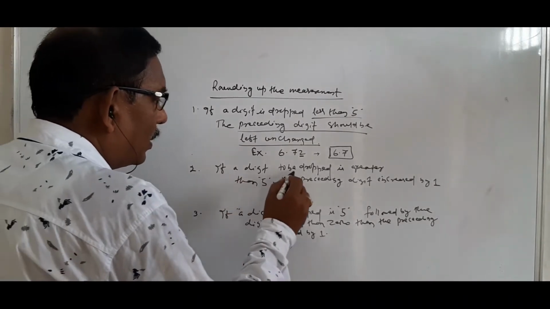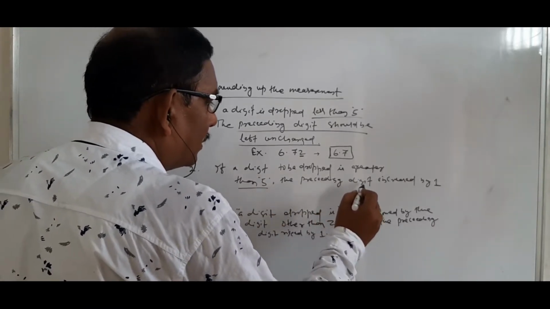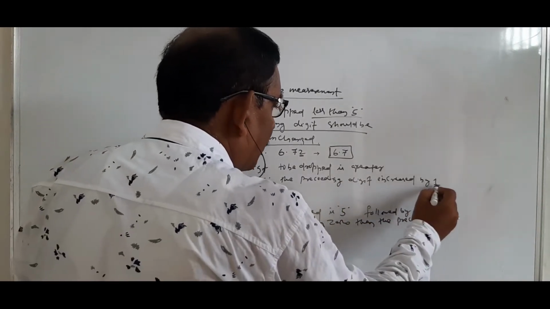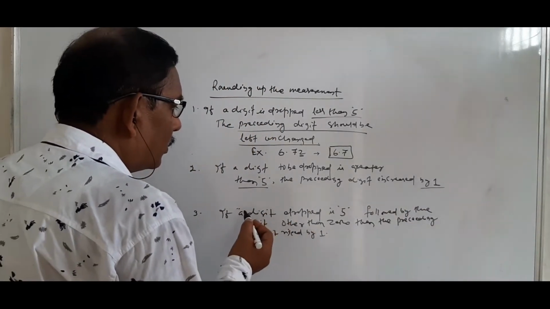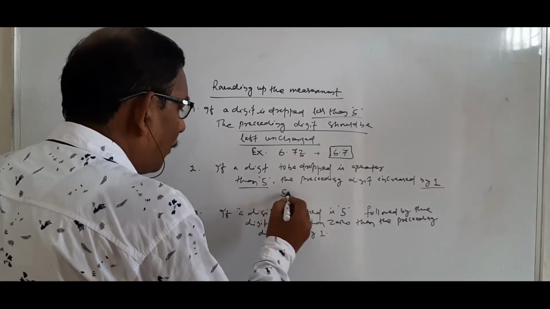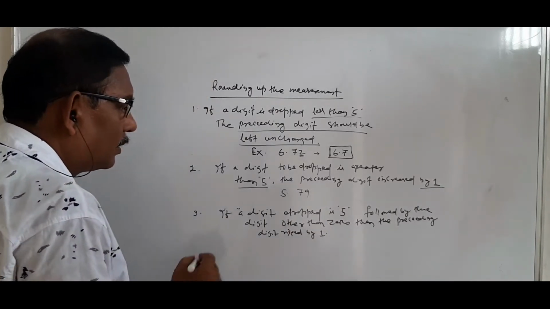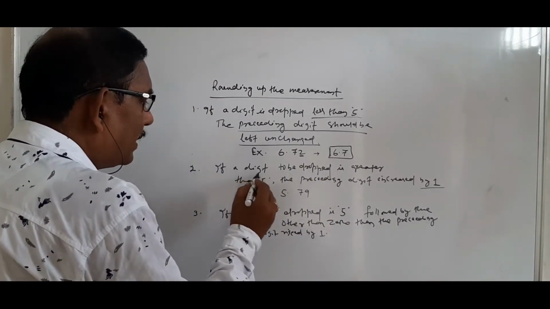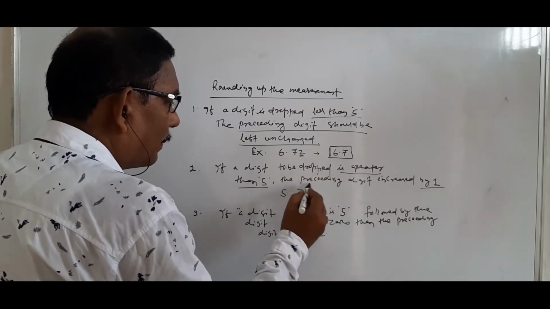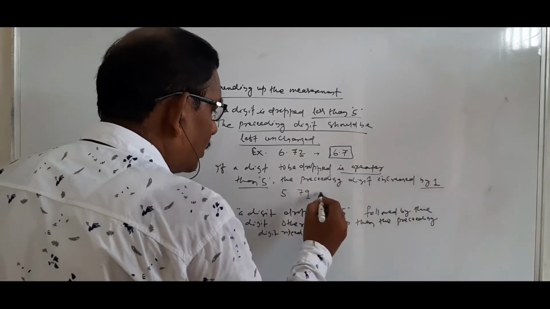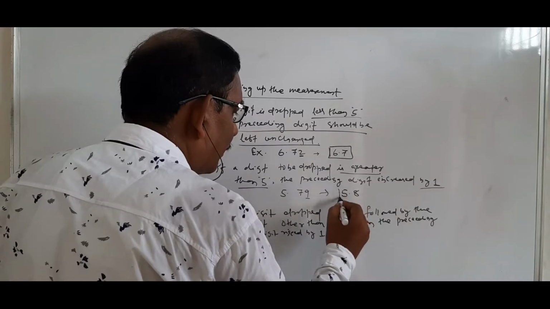Now the second one. If a digit to be dropped is greater than 5, the preceding digit is increased by 1. It means, take one example, 5.79. According to this rule, the preceding digit is increased by 1. So after rounding, this becomes 5.8.